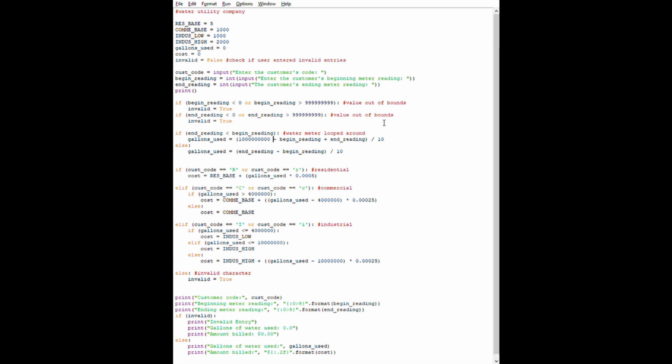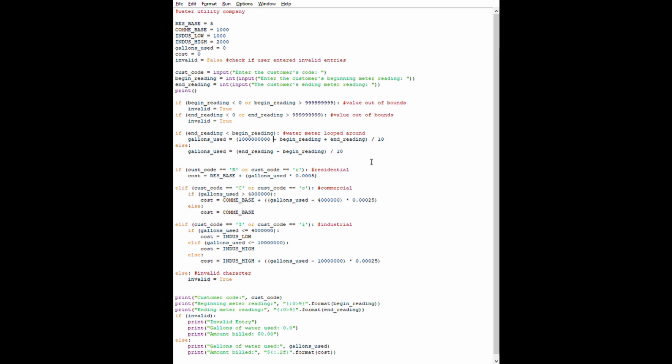So that's basically the difference between those two, and then divide that all by 10, because the water meter is measured in tenths. And then if not, it'll just work as normal with the ending reading minus the beginning reading, and all that divided by 10.